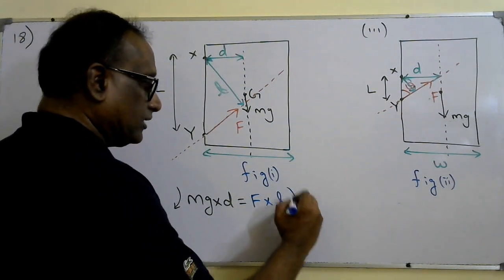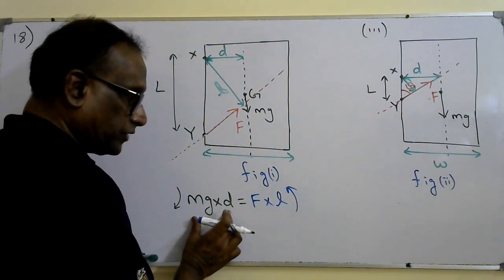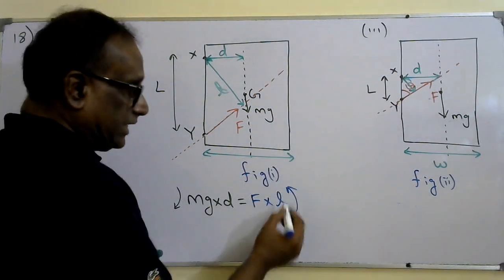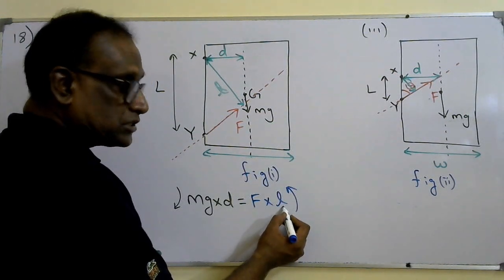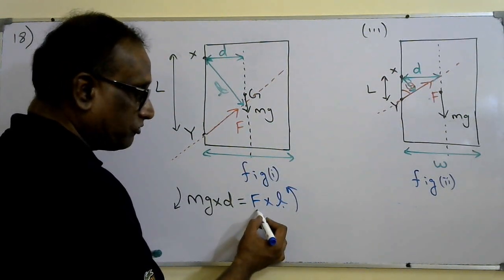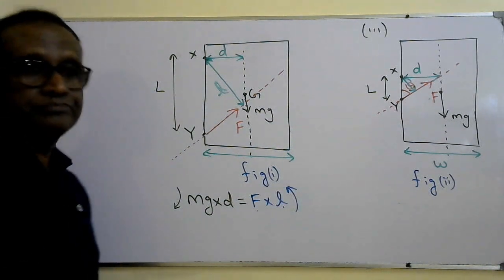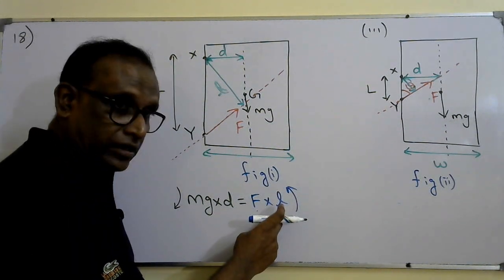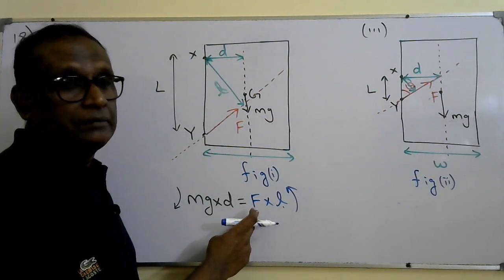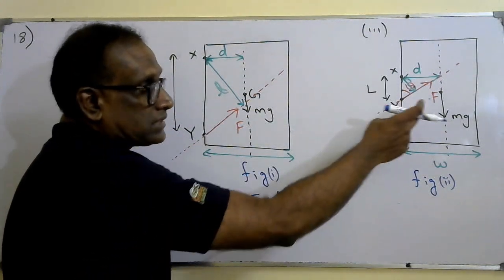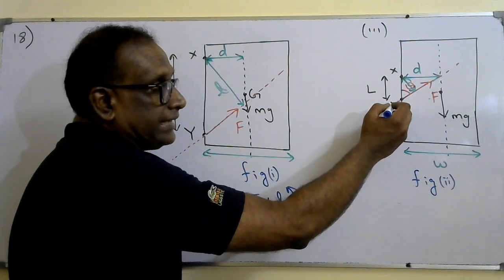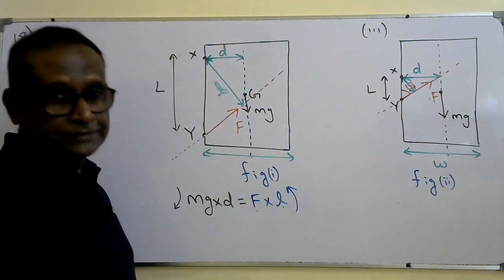This is going to be the anti-clockwise moment, and that must be equal to the clockwise moment. When the hinges are getting closer, L will become smaller. When L becomes smaller, the force F will become larger. So when the hinges are getting closer, the force exerted by the hinge Y on the door will become larger.